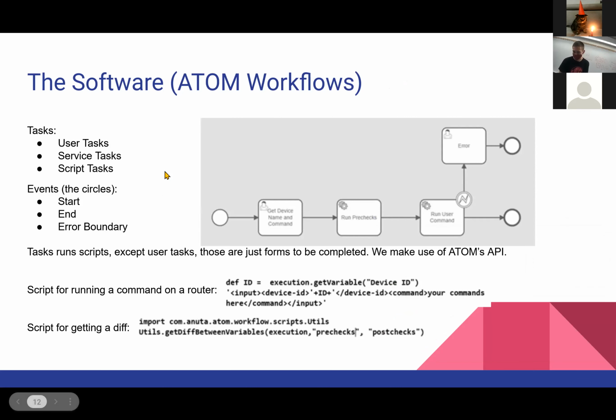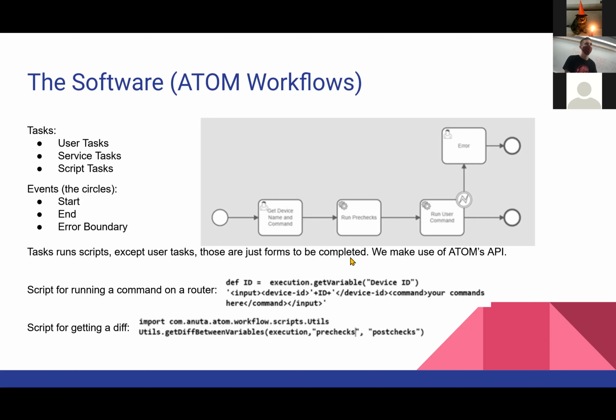So now for some code stuff, which is cool. When we create an Atom workflow, we construct this thing here. It's really just drag and drop. These big boxes are called tasks and these little circles are called events. A user task is like a form, something the user has to complete, and in this case the user would be a network engineer. A service task interacts with Atom's API.